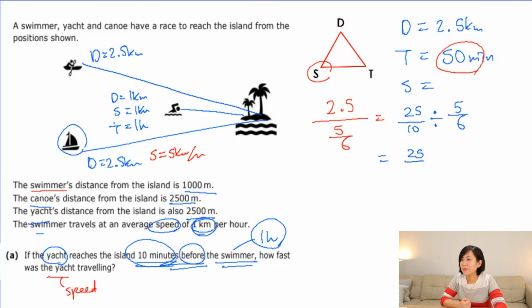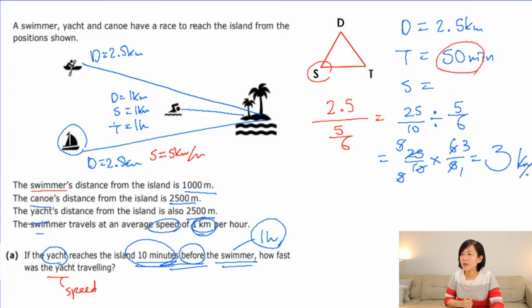Then you flip over your fraction, so 6/5. Then you simplify it by 2. Then you can simplify 5 again, right? So now your answer is 3 kilometers per hour. Now we found our speed for the yacht is 3 kilometers per hour.